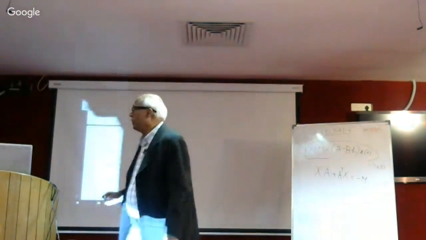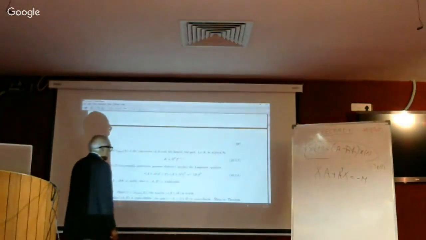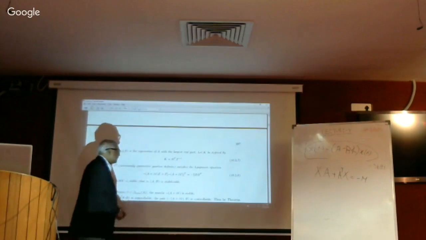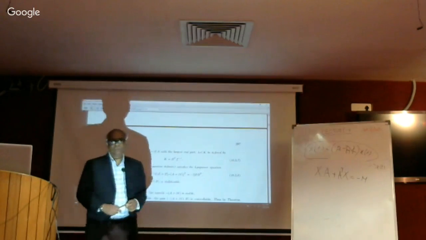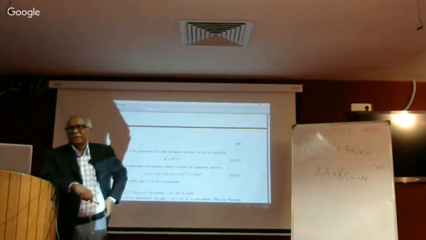Okay. But look at this equation. This is not exactly that equation. First of all, is this matrix minus A plus beta I a stable matrix? Ask yourself.